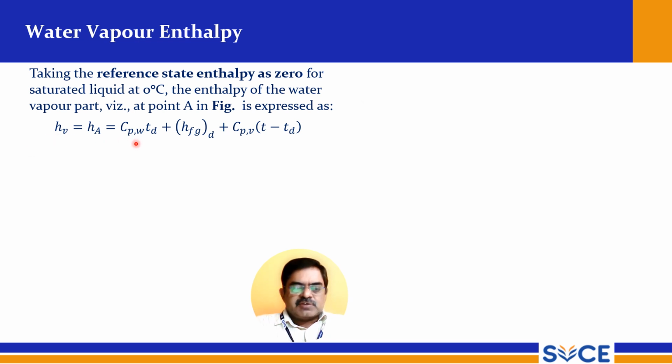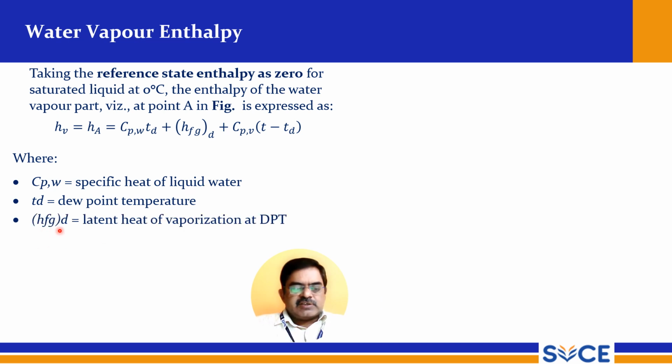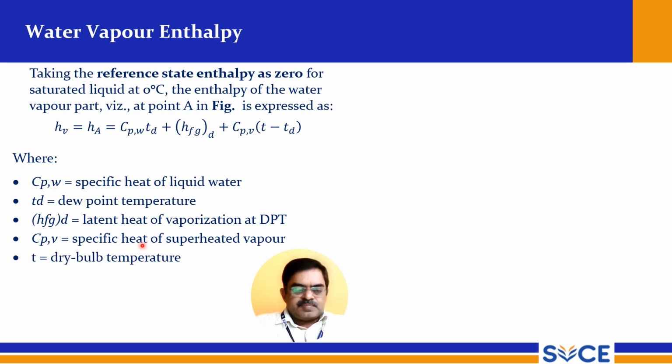So that is equal to CPW TD plus HFGD plus CPV into T minus TD, and this is where the CPW is the specific heat of liquid water and TD is the dew point temperature, and HFGD is the latent heat of vaporization at DPT, dew point temperature, and CPV is equal to specific heat of superheated vapor, and T is equal to dry bulb temperature, and this figure you can see here.